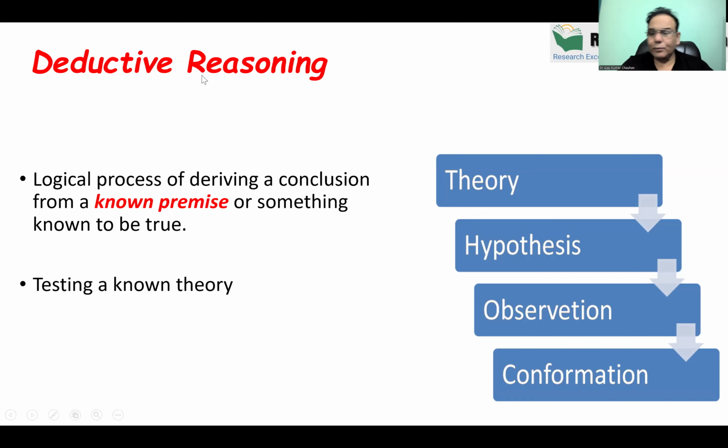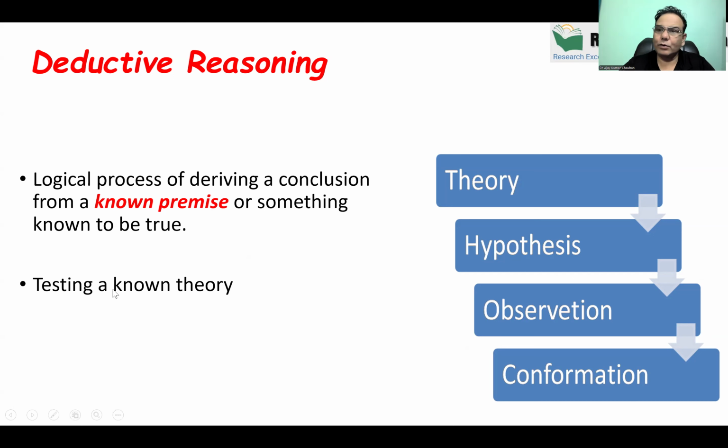The deductive reasoning approach is a logical process of deriving a conclusion from a known premise. Known premise means a theory or something known to be true. This approach is very popular in enhancement of a theory or testing of an existing theory.